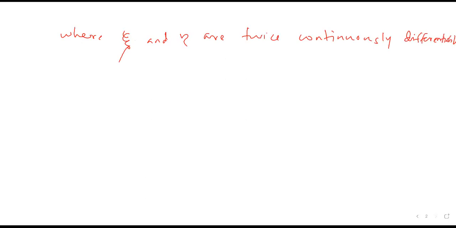Even though I'm taking theta equal to theta of x comma y, and eta also eta of x comma y, I have taken my new coordinates, which are dependent on my earlier independent variables. This is also a new independent variable which I'm going to transform, but it is also dependent on x and y. That's the idea.